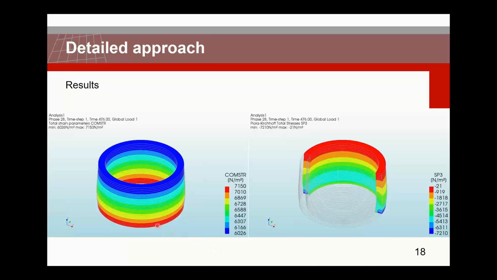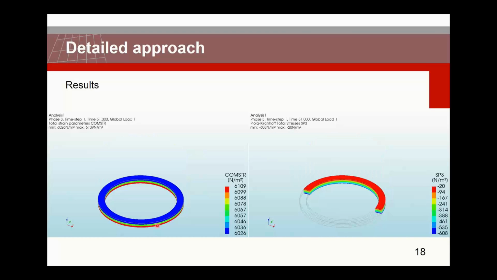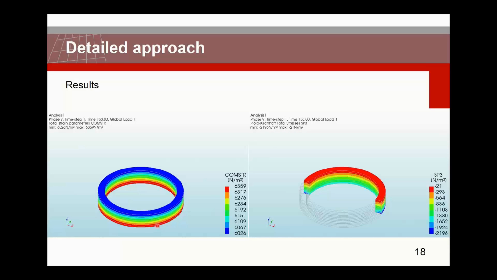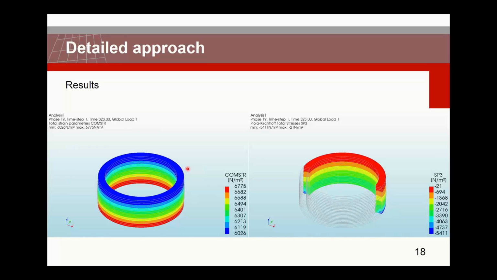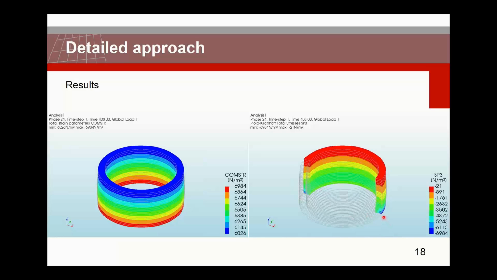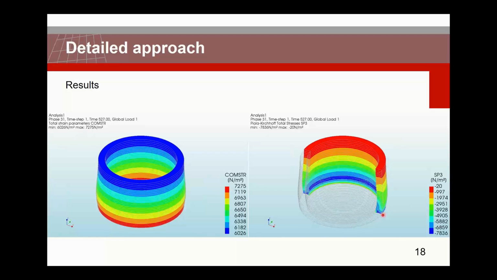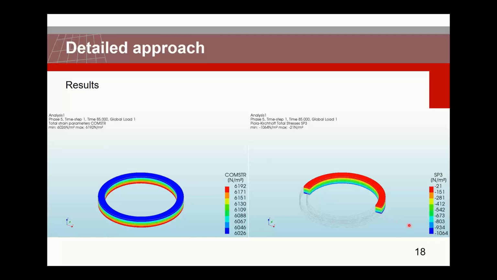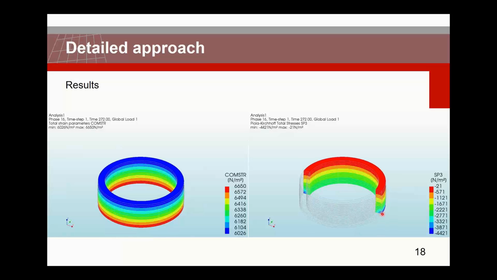What you see is that on the left, it's starting around 6,000 and slowly increasing to over 7,000 Pascal. And on the right side, you can see that it's starting with a relatively low value because that's only the self-weight, very low, and that is trying to catch up with the compression strength.